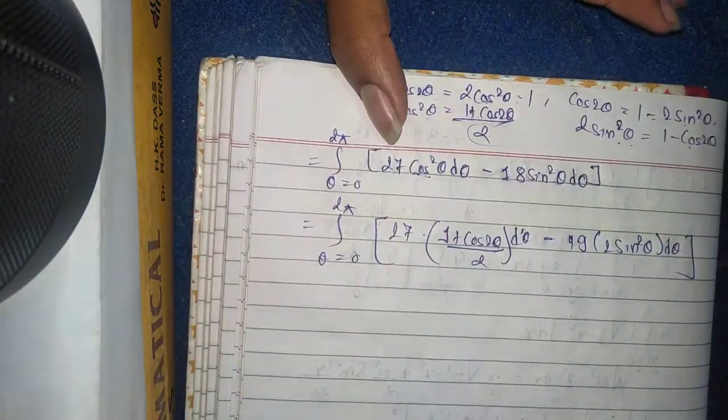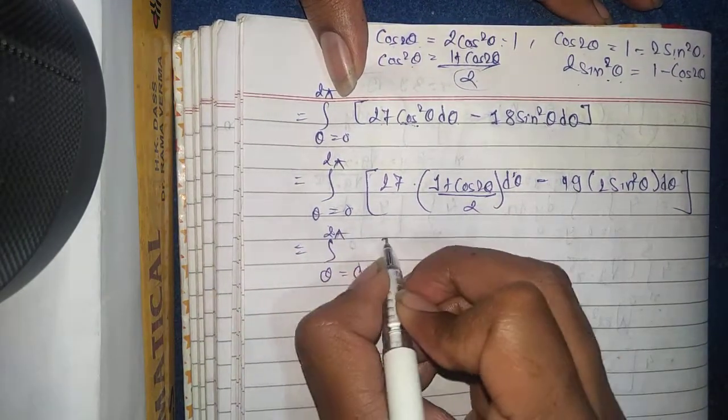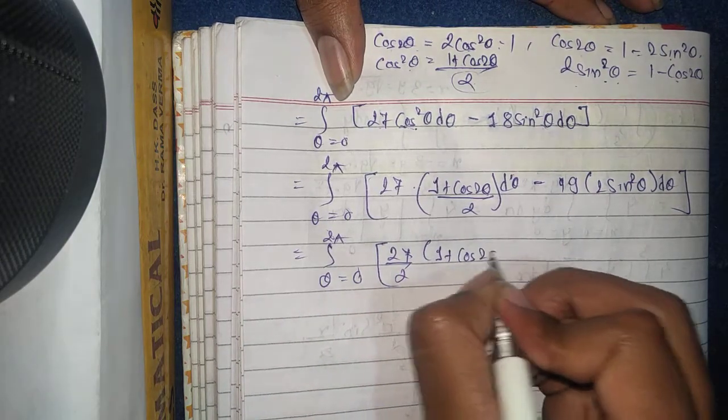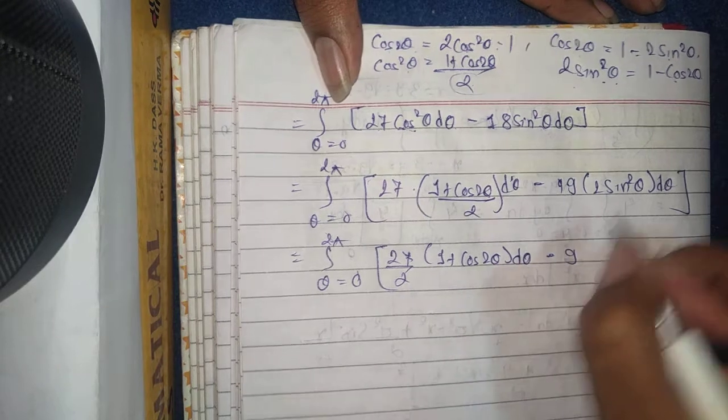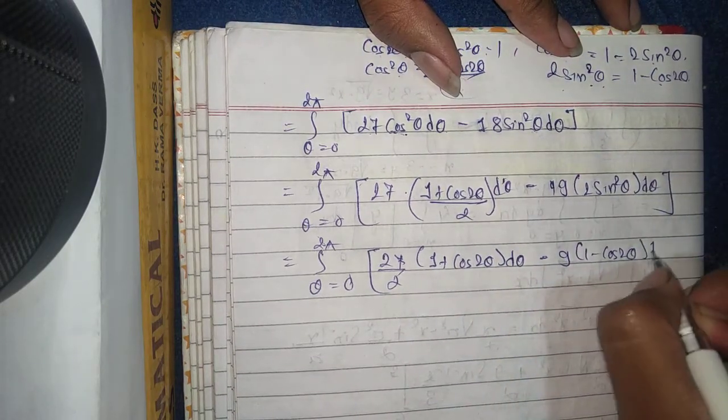So we get the integral from 0 to 2 pi of 27 by 2 (1 plus cos 2 theta) d theta minus 9 (1 minus cos 2 theta) d theta.